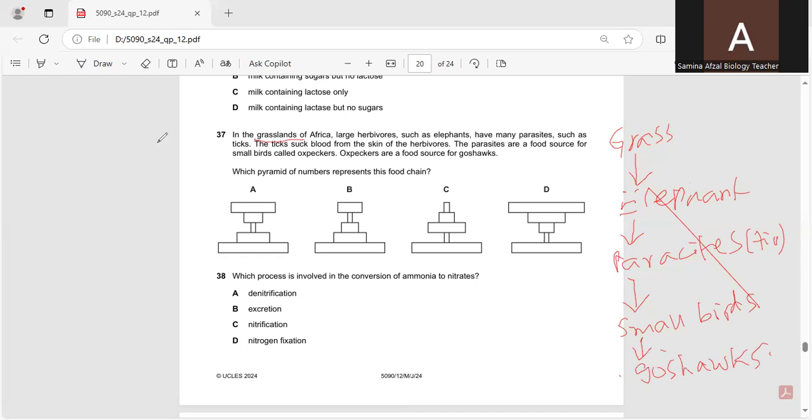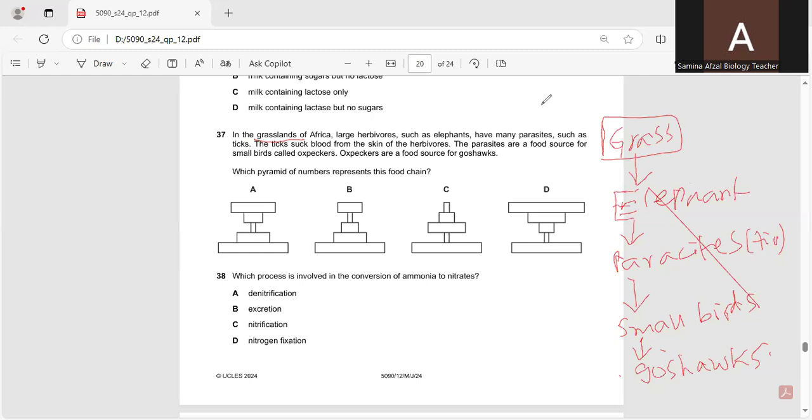In this food chain, the grass will be highest in number. If we count the number, the grass will be highest in number. So at the base, the producers or grass are there, and then the elephant is larger in size.